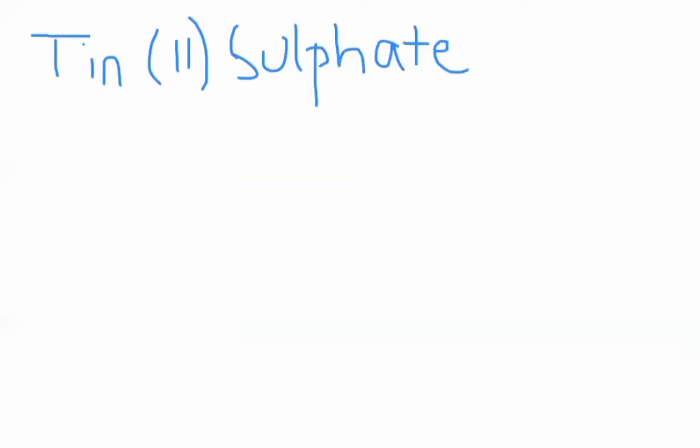Let's take one last example and then we'll move to balancing of equations. We want to write the formula for tin sulfate, tin 2 sulfate. We know then that tin will have a charge of +2 because it's tin 2.